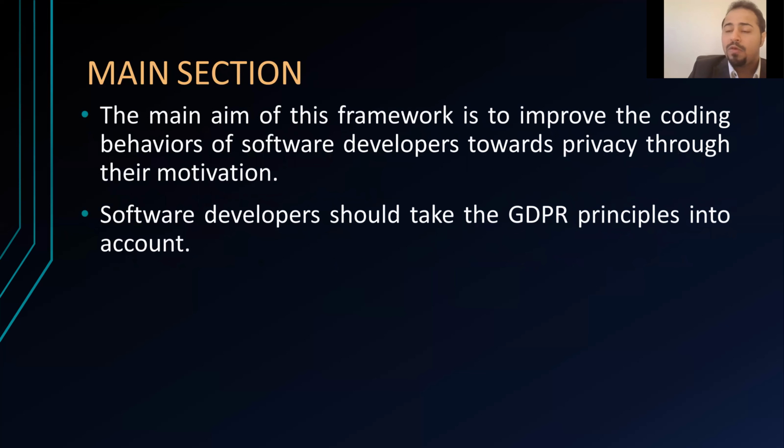The main objective of the game design framework is to help software developers improve their coding techniques in terms of privacy. GDPR contains principles that are designed to guide software developers on how to handle user data. These principles have been put in place to lay out the broad purposes of GDPR.